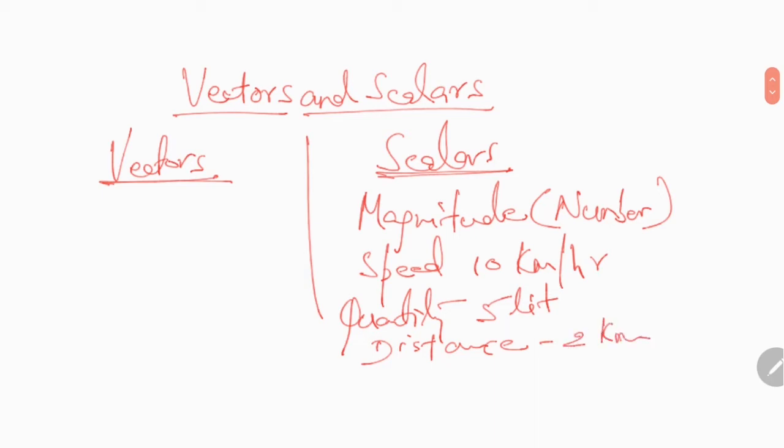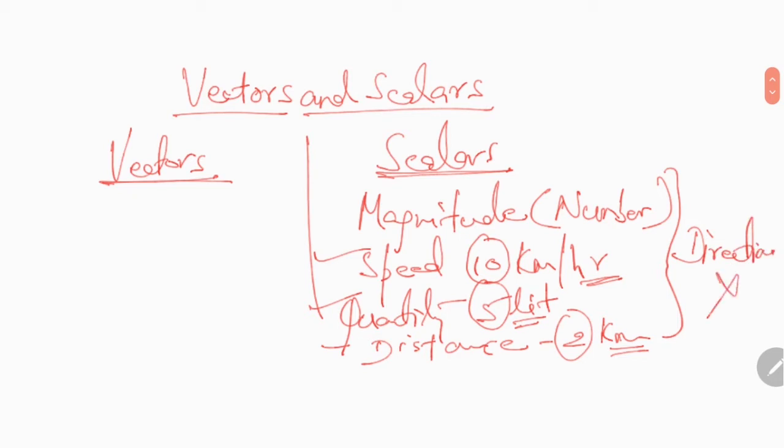If you look at all these quantities, whether it is speed, the measurement of volume, or distance, all of these have a magnitude. This is 10, this is 5, this is 2, followed by units: kilometers per hour, liters, and kilometers. There is no mention of direction in these quantities.